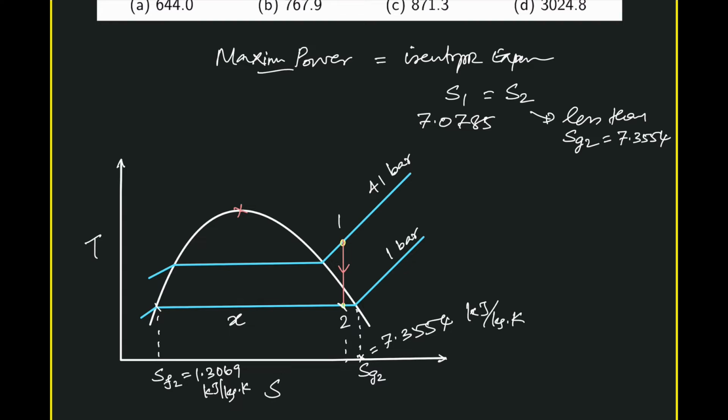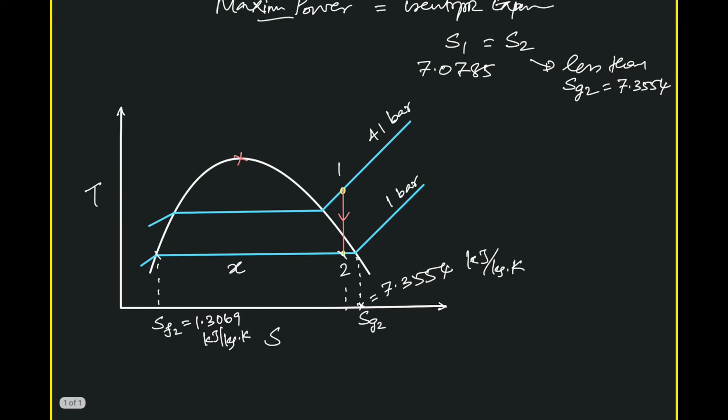Since this value is higher than S2, which means S2 is lesser than SG2, this is possible only for a mixture of vapor and liquid. So our first task is to find the value of X. What is the need for this X? Because we need to find the enthalpy corresponding to condition 2. For that part we will come shortly. Now let us find X2.